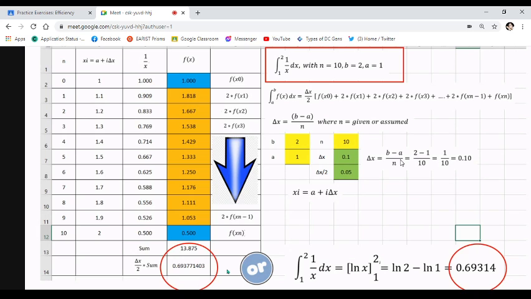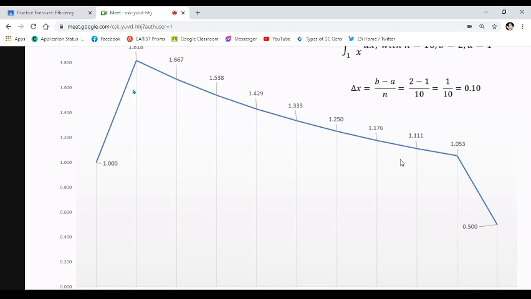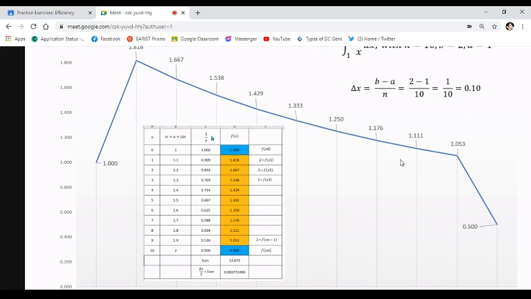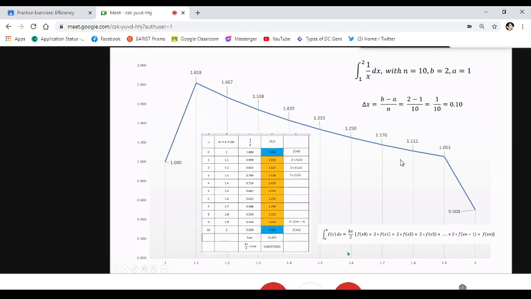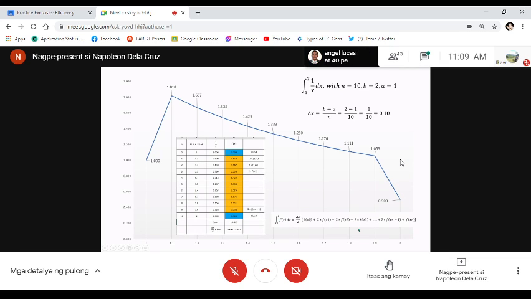Punta tayo ngayon doon sa curve. Ito yung curve natin, or yung equation natin. Na drawing, with this and this, and these values na nakuha natin sa spreadsheet. So therefore, this is now the equation, and that will be now the area under this, 1, 2, 3, 4, 5, 6, 7, 8, 9, 10.